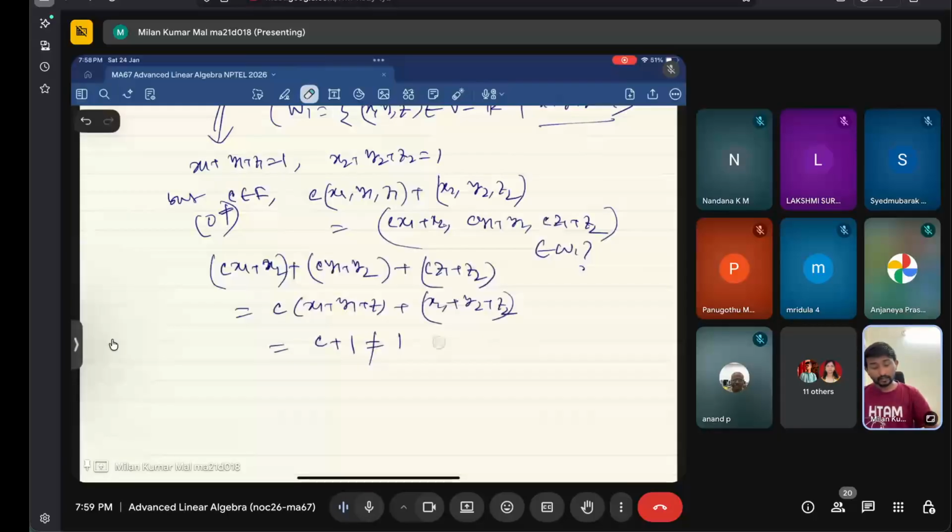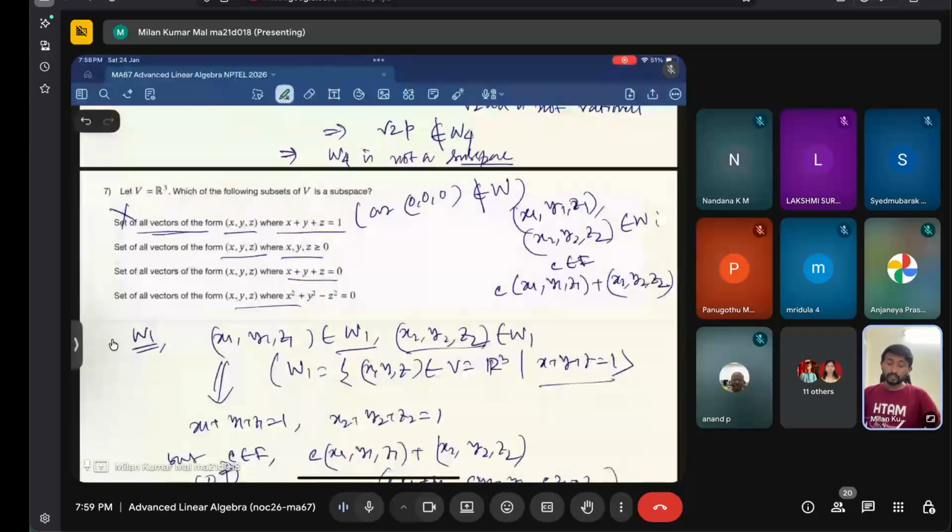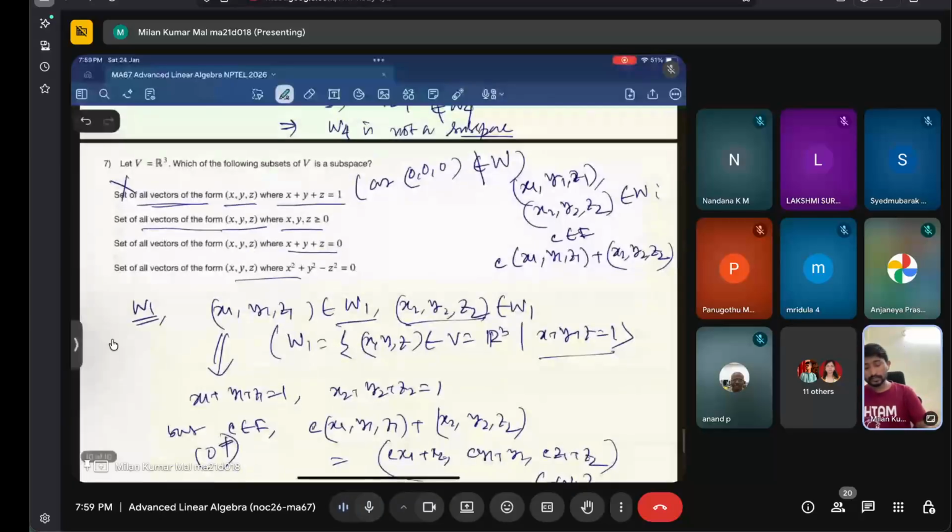Second is the set of all vectors of the form (x, y, z) where x, y, z are non-negative. That is again not a subspace, because if you multiply by minus 1, those terms will be negative and that is not there. So let's write W2, which equals all (x, y, z) in R^3, which is V, such that x, y, z are greater than or equal to 0. Now let's take (x, y, z) an element in W2 and c equal to minus 1.